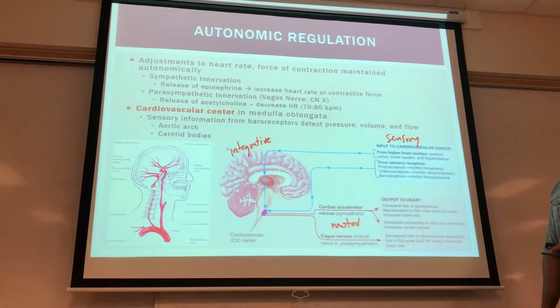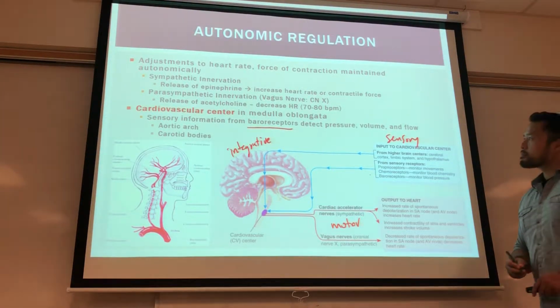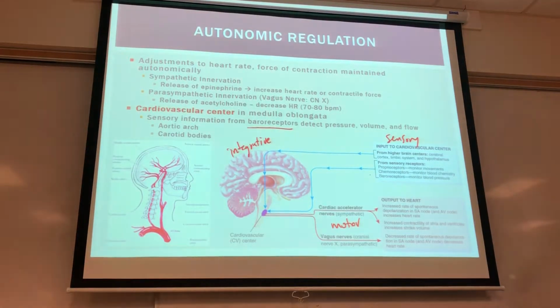So where do we see these baroreceptors? Baroreceptors detect the amount of pressure, the blood pressure in those areas. And by the amount of pressure, we can also determine the amount of volume and flow of blood through those areas. So it's all related.